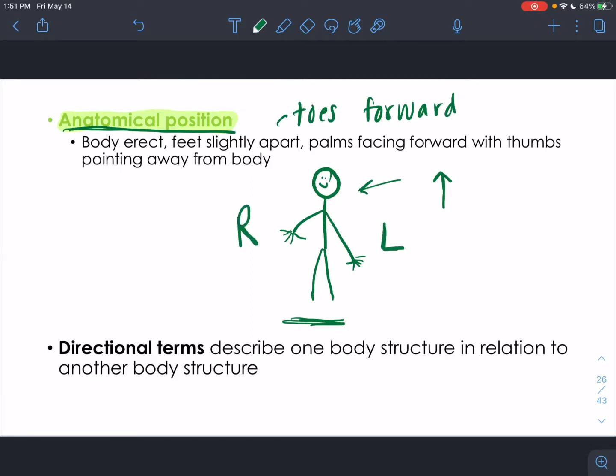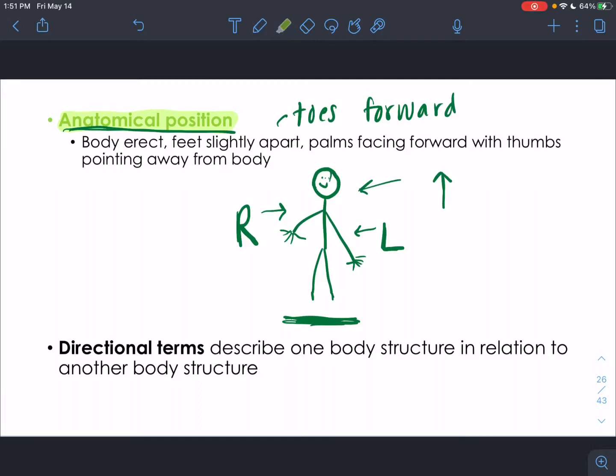This would be the patient's right side. So the right arm would be your patient's right arm. Left arm would be your patient's left arm. Does that make sense? So you're always referencing right and left in relationship to the patient's body.